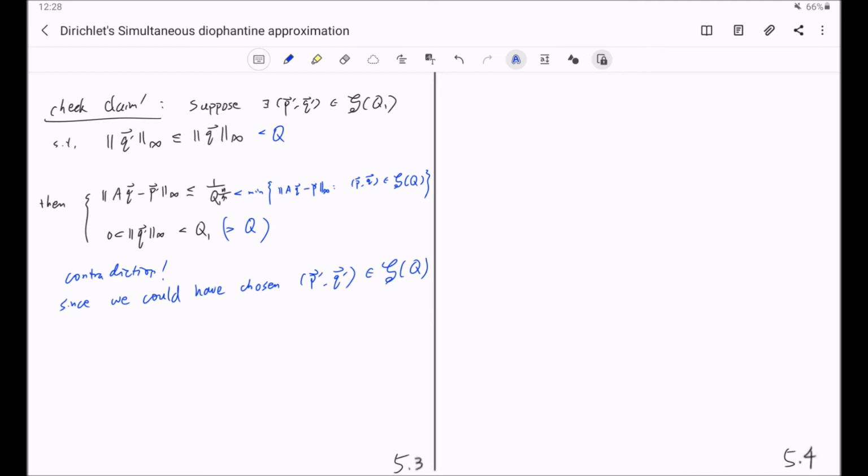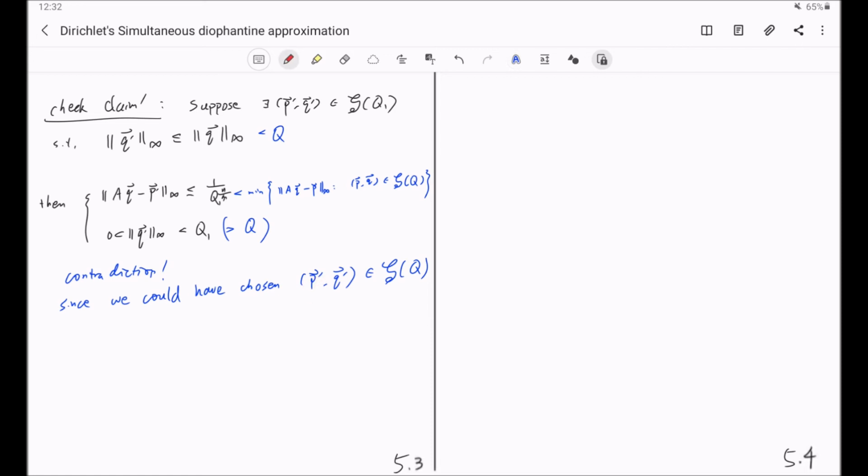Since if this is true, the norm of Q prime is less than Q. Because Q1 is bigger than Q, this norm will be less than 1 over Q raised to the power n over m as well. And remember, you can adjust your choice of P prime so that this is as small as possible, so that it reaches its minimum.